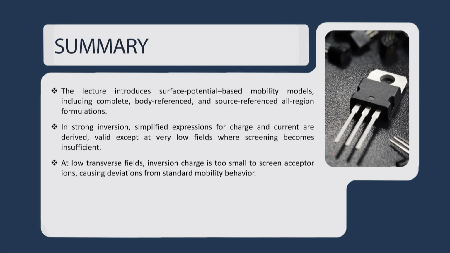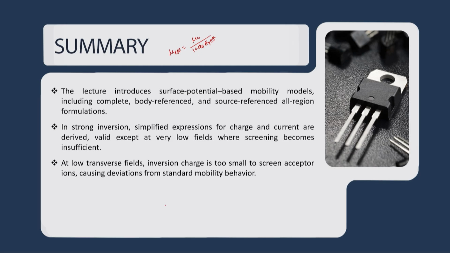In this lecture we discussed how mobility, or the effective mobility, governs the characteristic of drain current in our MOSFET. We have seen that the effective mobility can be modeled as mu naught divided by 1 plus theta into Ey effective, where Ey effective is the effective electric field coming from the gate.